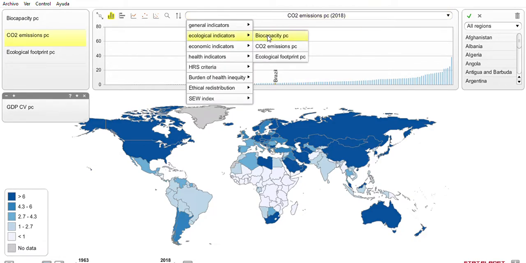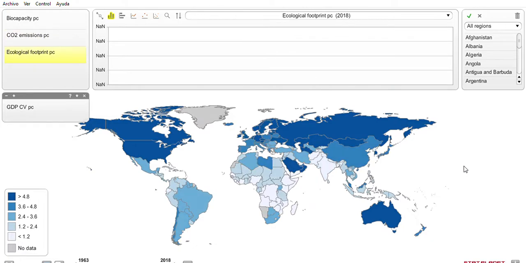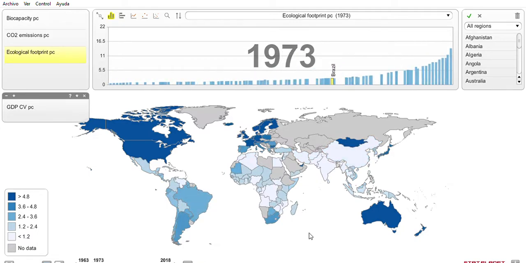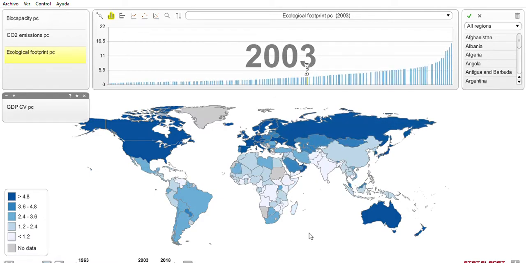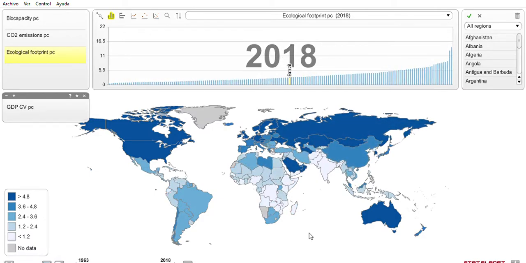And the other ecological indicator, which is the ecological footprint, is very similar to carbon emissions. You will see how it also concentrates in the high-income countries, probably with some slight differences, like a higher ecological footprint in China, even than its carbon emissions, and higher as well in most of South America and Mexico, Brazil, and also in Southern Africa as before, North Africa, Middle East.